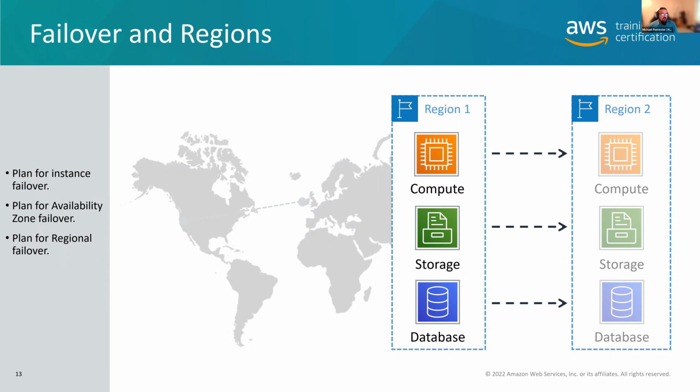So when you look at this, you have to plan for component failover, which is a little less of a concern with AWS because they'll take care of that for you. But then what happens if it causes the instance to fail? What happens if the availability zone fails? What happens if the region fails? What happens if something global like DNS goes down? What do you do then?